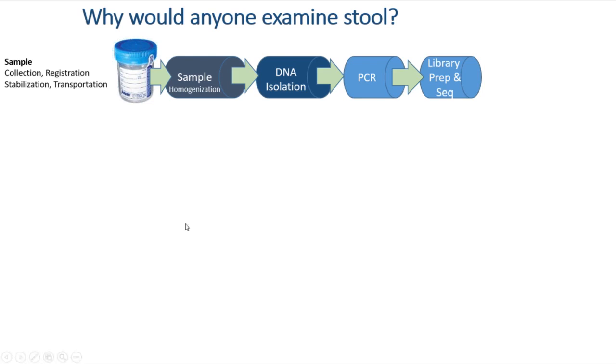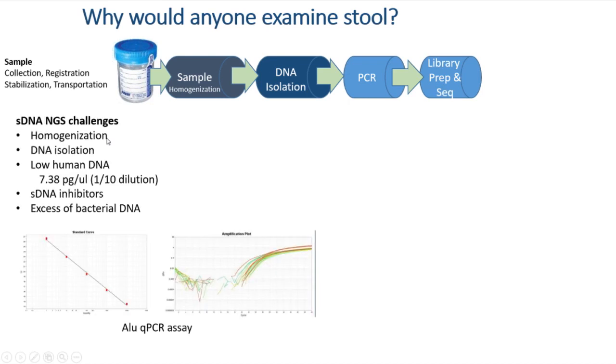It may be relatively simple for a patient to collect the sample, but it needs to be stabilized, transported, and then in the lab, you're going to do homogenization, DNA isolation, PCR, and maybe some kind of sequencing or detection. But there's a lot of challenges.